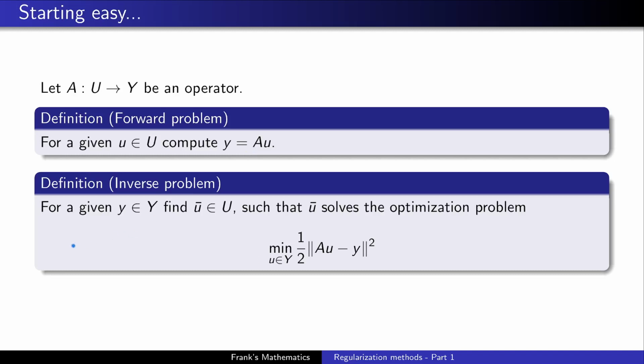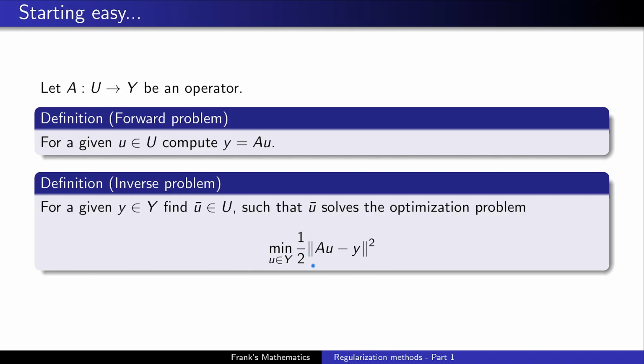What does it mean? Assume that we are given a certain state Y. This is given, this is the output, or this is the state of our system. And we want to find a control U, so an input data U, such that our black box is as close as possible to the state Y if we apply it to U. So we want to minimize the following optimization problem.